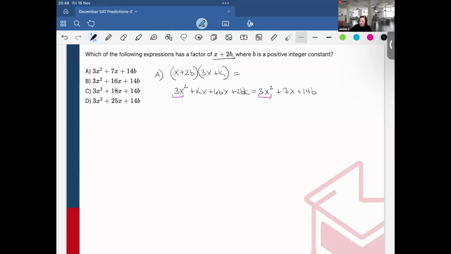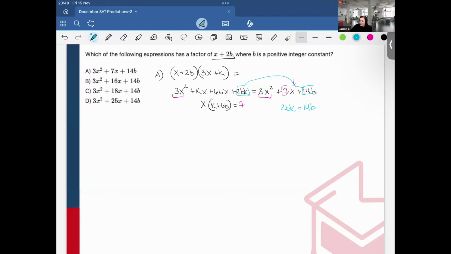Also here, I can factor out the x, so x times (k plus 6b). In this case, this would be equal to 7, and I'm using, again, the coefficients in front. And then I would have 2bk is equal to 14b.